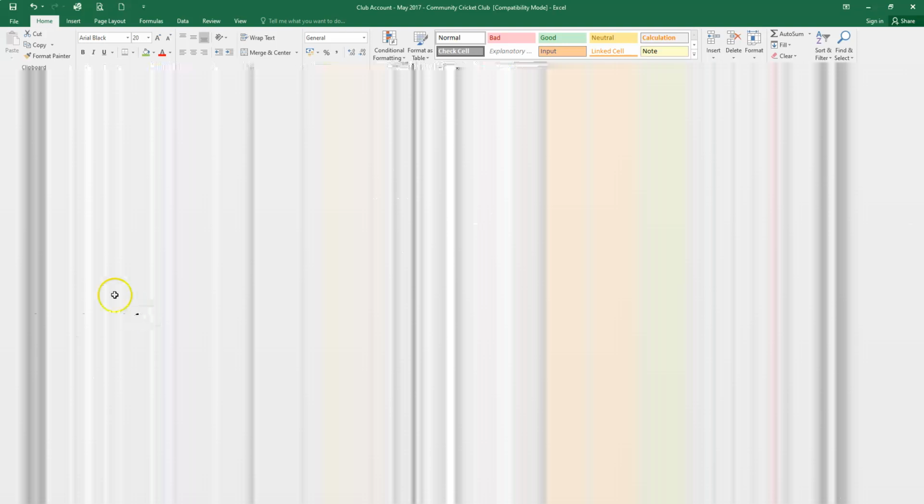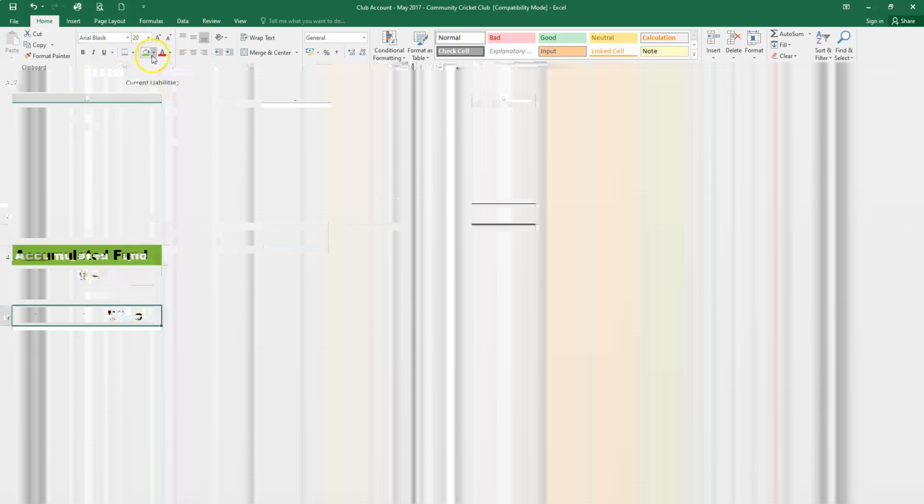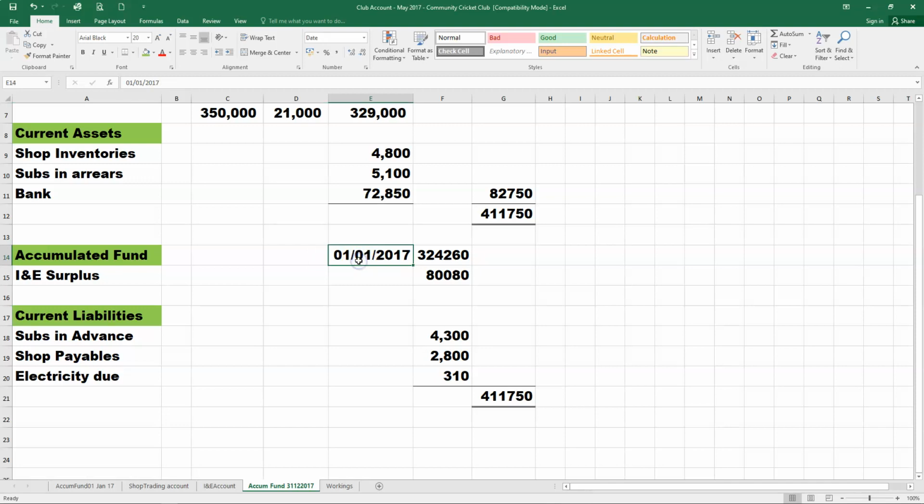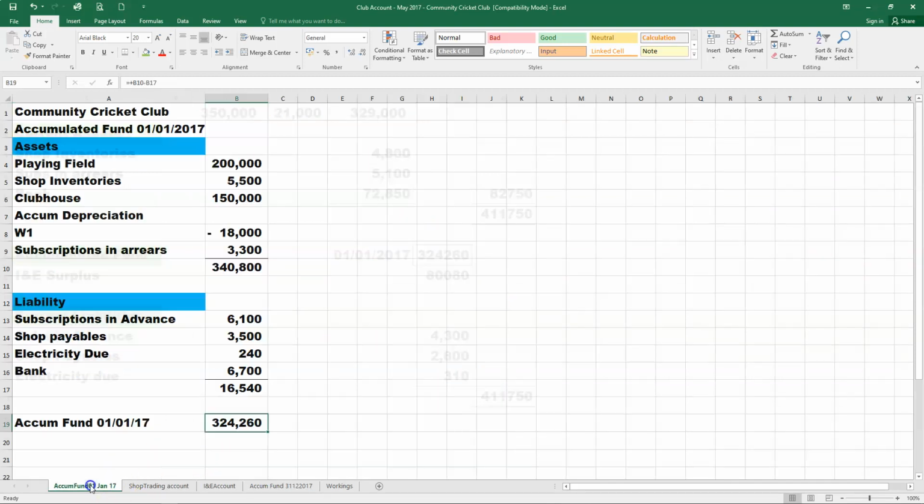Then I need to do my accumulated fund side and my current liability side. That's my next headings I need to take care of. So I'm starting with my accumulated fund at the 1st of January 17, which is our very first item we worked out, and that was coming from here.